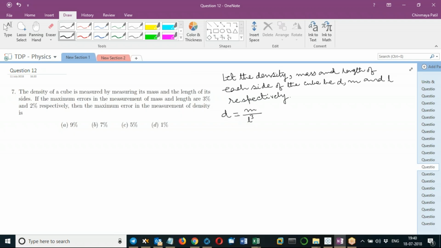So what we need to find is delta d by d into 100%. For that, the best thing is to take log d.